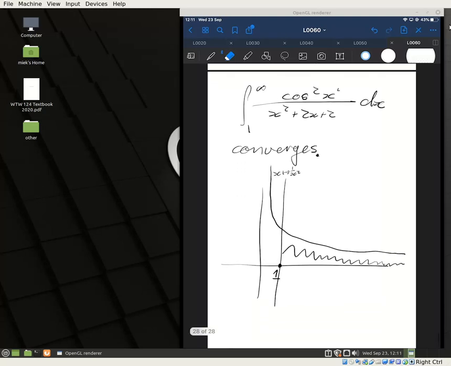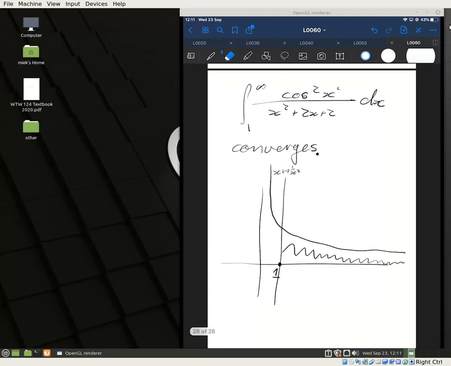It is rather complicated, but for all values of x greater than 1, it lies below the function that sends x to 1 over x squared. So we don't know what the integral of our complicated function is, but we do know that it converges because this bigger integral exists and is finite.